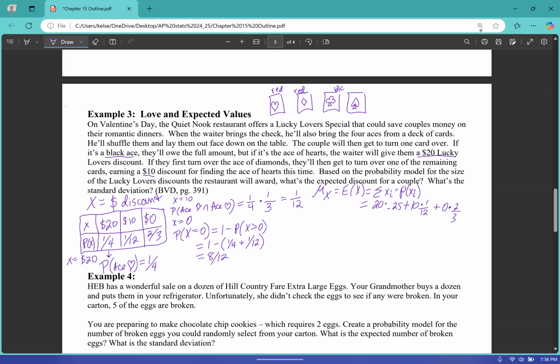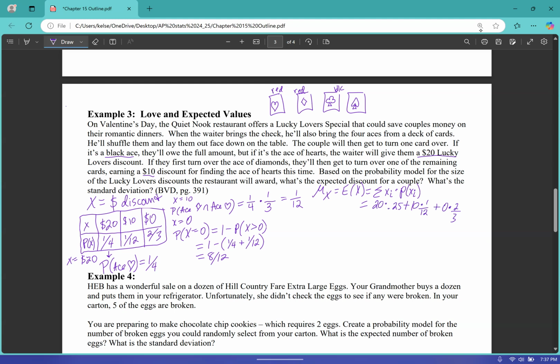So remember, enter in the 20, the 10, and the 0 into L1, and enter in the 1/4, the 1/12, and the 2/3. And you can type them into the list as fractions into L2, and then do your one variable stats with L1 as the list and L2 as the frequency list, and you will get the mean.